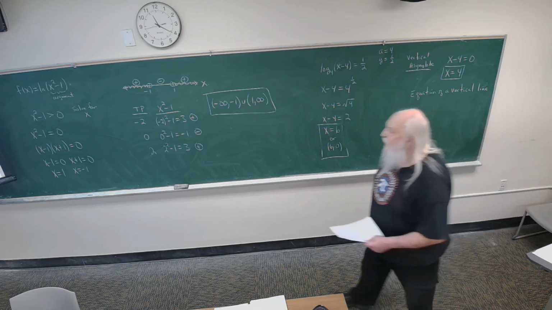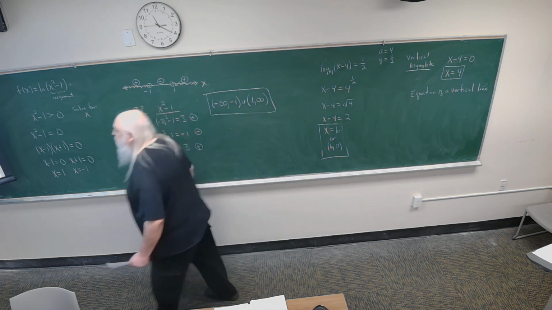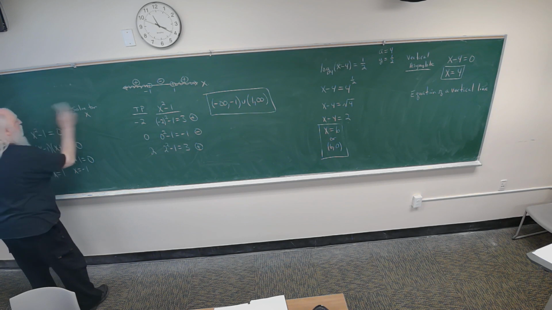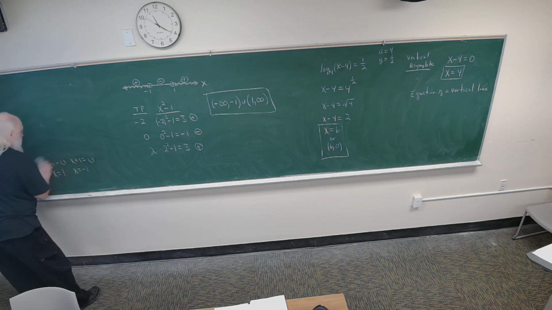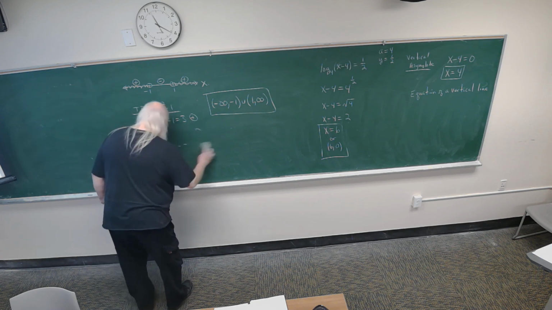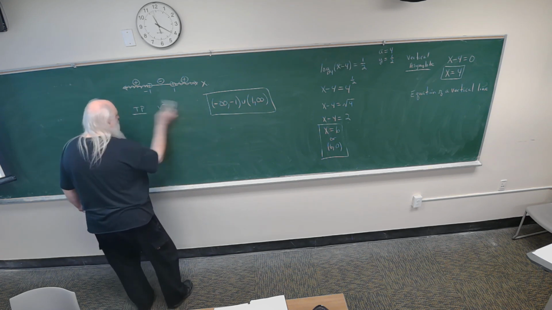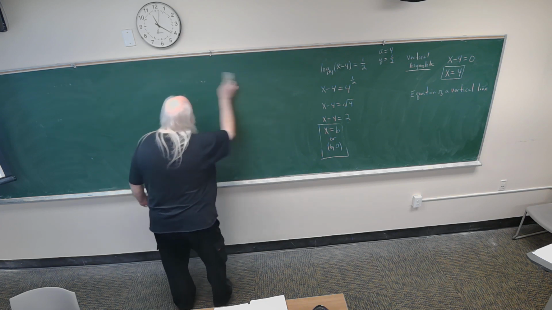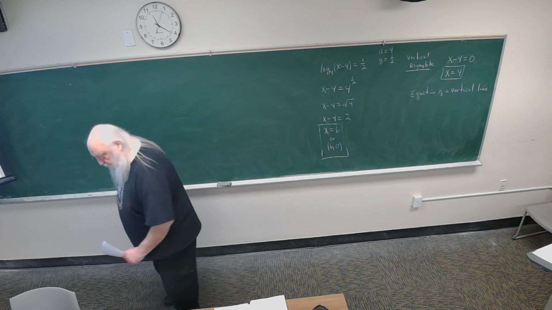So the first one we have is 4 times e to the 2x is equal to 5. What is the value of x that makes the left-hand side equal to 5? And this is where you got to know the properties of logarithms.